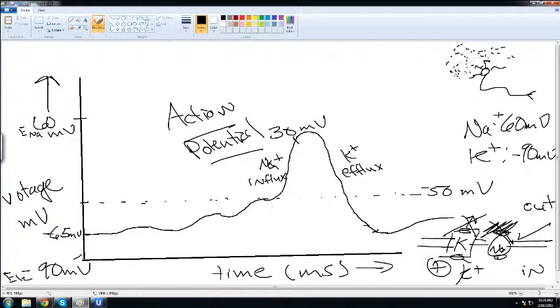It's affected by changes in these voltage-gated channels that cause everything to occur in a very dramatic and a very similar way across the axon.